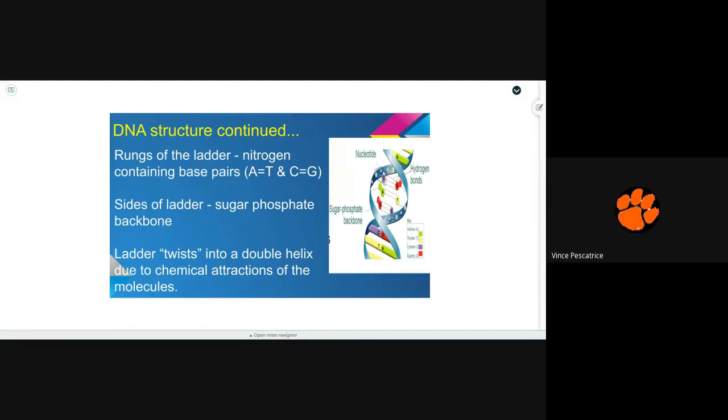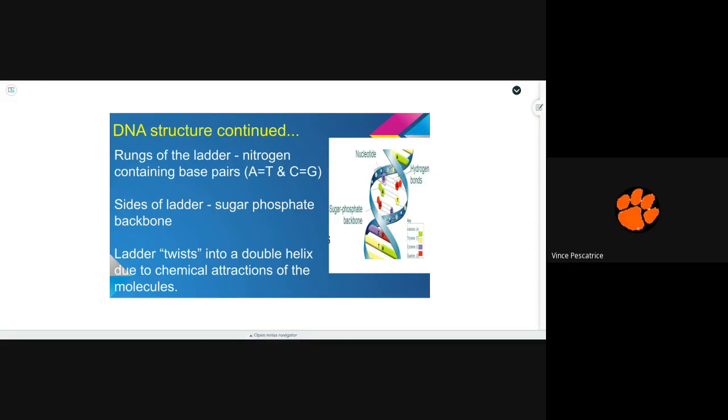That keeps it attached to the ladder, and then the base pair bonds between the two nucleotides through hydrogen bonding, which, if you remember way back in physical science, or if you've taken chemistry, is basically a light bond between two atoms based on the pull of their charges.